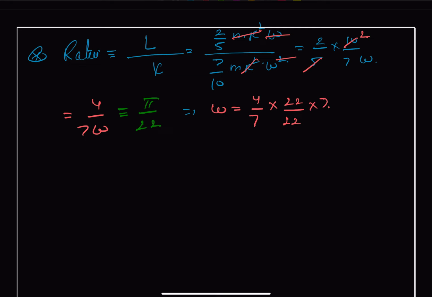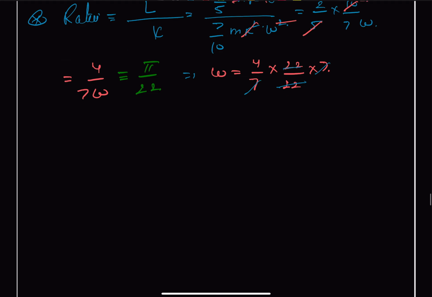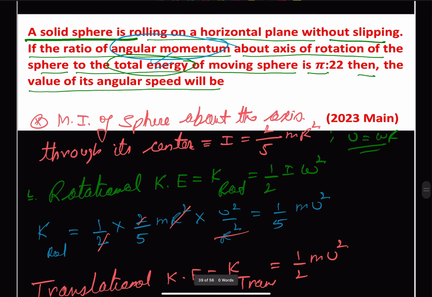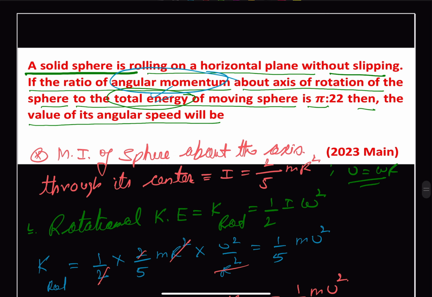So this 22, 7 and 7 cancel out, so we get that omega is equal to 4. Value of angular velocity will be equal to 4.